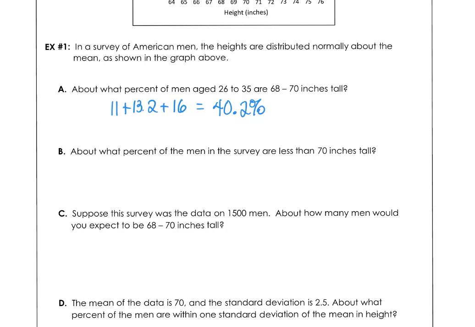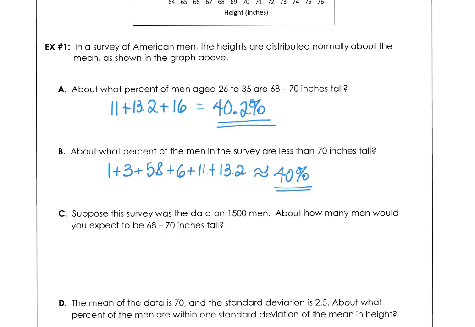So without scrolling back and using the data, that would be 1 and 3, 5.8, 6, 11, and 13.2. So adding all of those up, it looks like about 40% of the men are less than 70 inches tall.